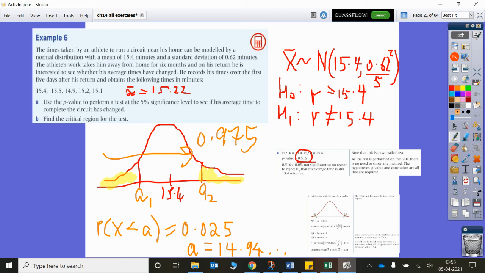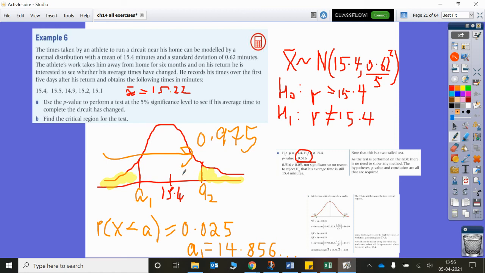Let me control copy this one. Control paste that one. That's not correct. I needed to put in 0.025 there. Okay, which gave me not this value here, but it gave me a slightly smaller value here. It gave me 856, something or other. Okay, so again we can see that this is still way within this region here, and this is our A1, our critical value here.